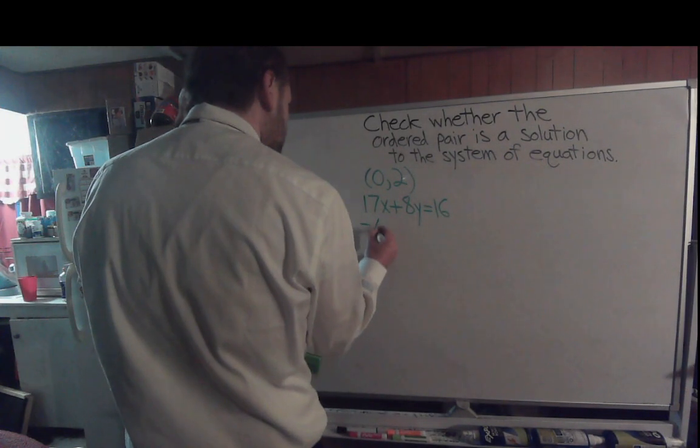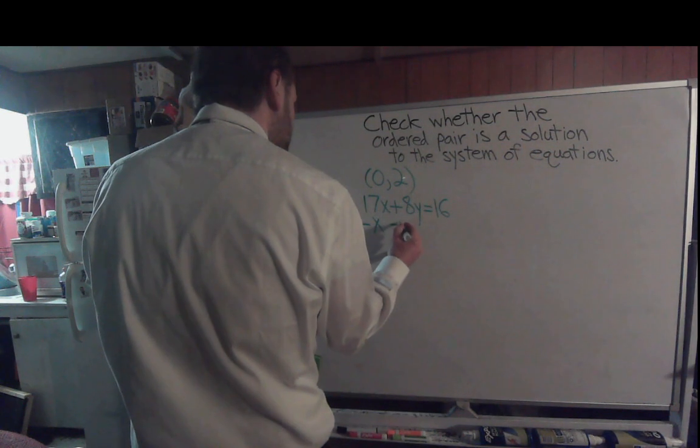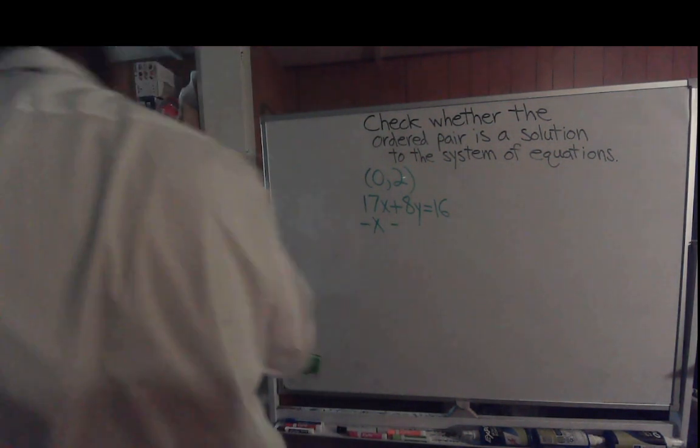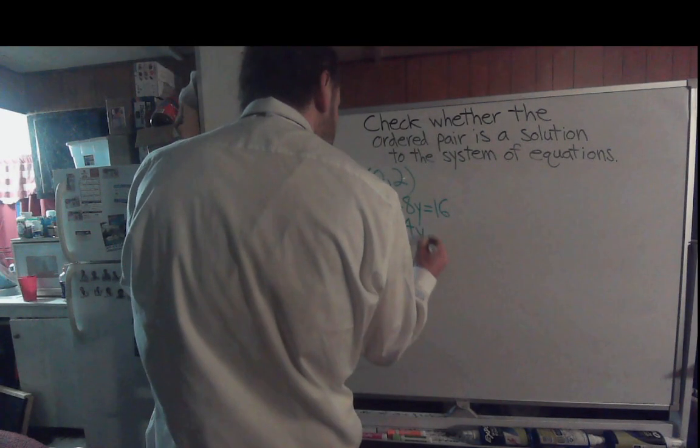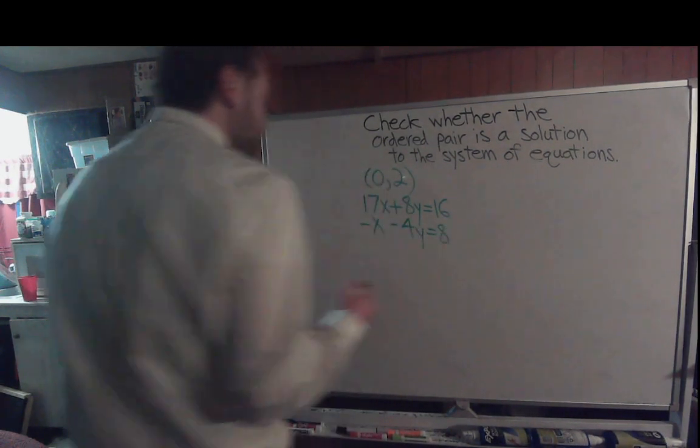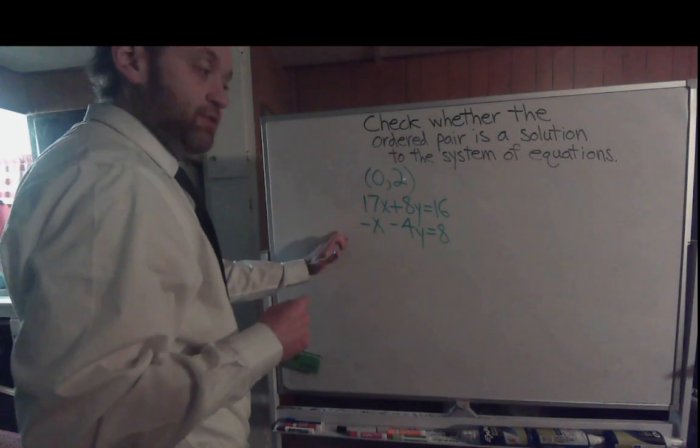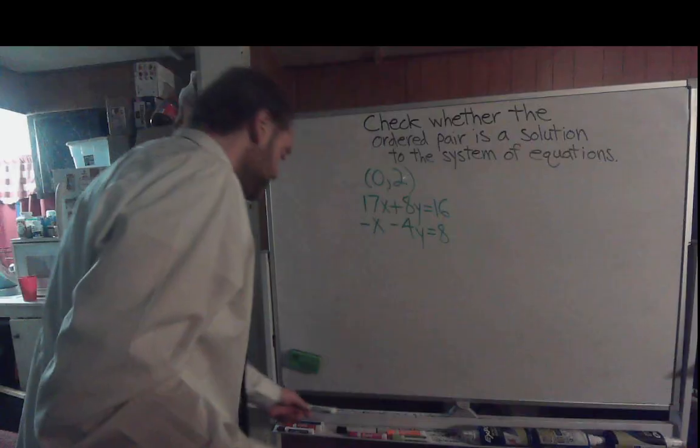Then we have -x minus 4y equals 8. So is the point (0, 2) a solution to this system of equations?